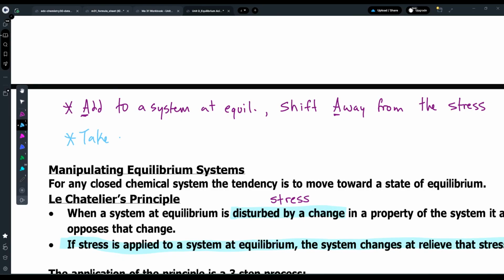Meanwhile, if we take away from a system at equilibrium, the equilibrium is going to shift towards the stress.